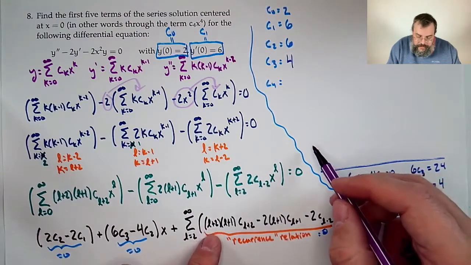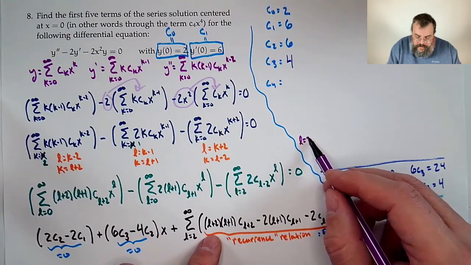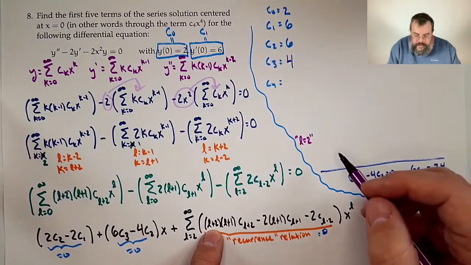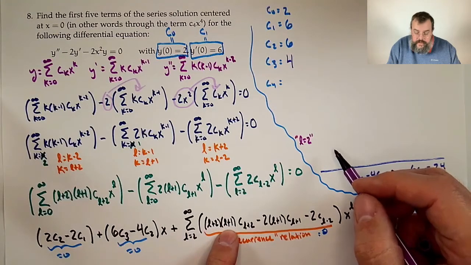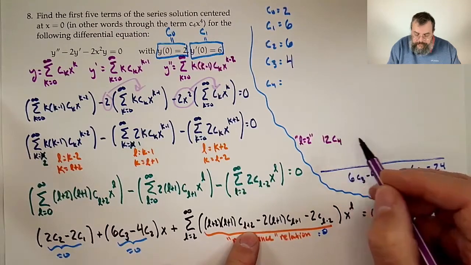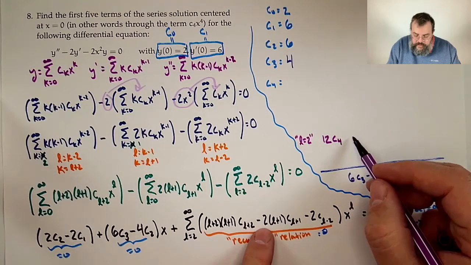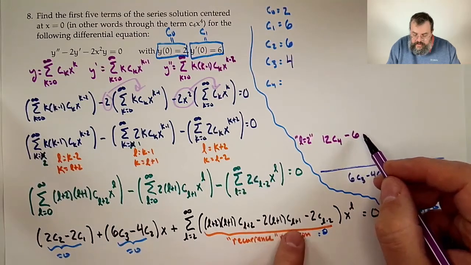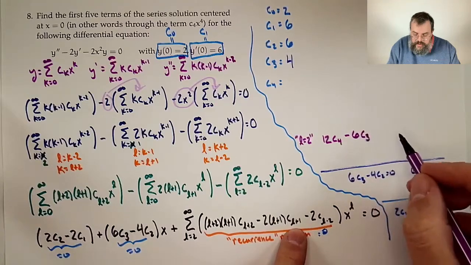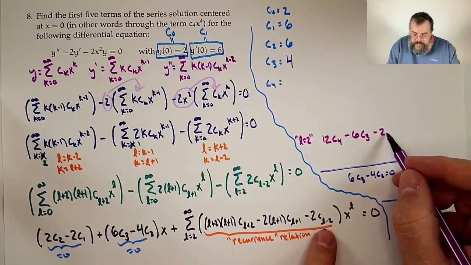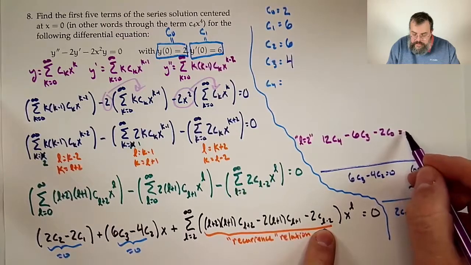So for L equals 2, we're going to get 4 times 3, which is 12, times C4, minus 2 times 3, which is minus 6, times C3, minus 2 times C0 equals 0.